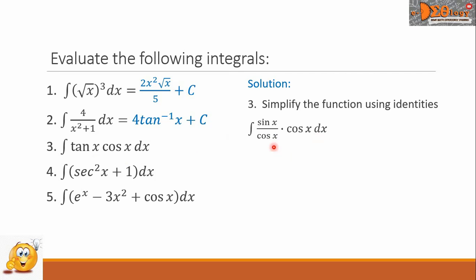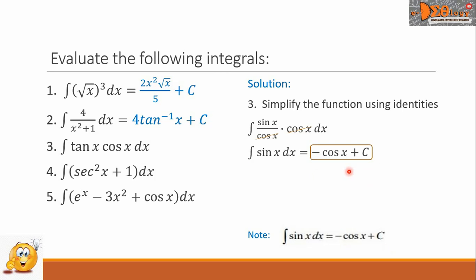And from here, we can cancel this cosine x along with that denominator cosine x. Rewriting our integral, so we have the integral of sine x dx. We have a formula for the integral of sine x dx that is equal to negative cosine x plus c. And this value we will write here. This is now the final answer. We will copy this opposite problem number 3.